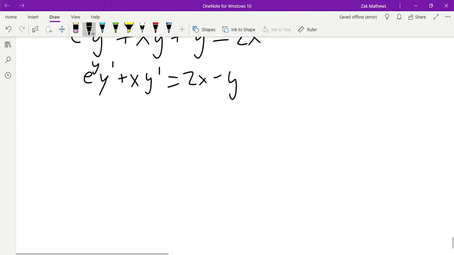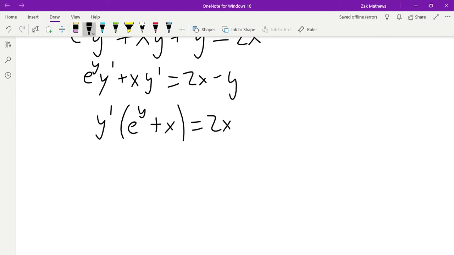And now I'm going to factor the y prime off. And now I can divide, so y prime is equal to 2x minus y over e to the y plus x. So there's our first step, but we were asked for the second derivative.